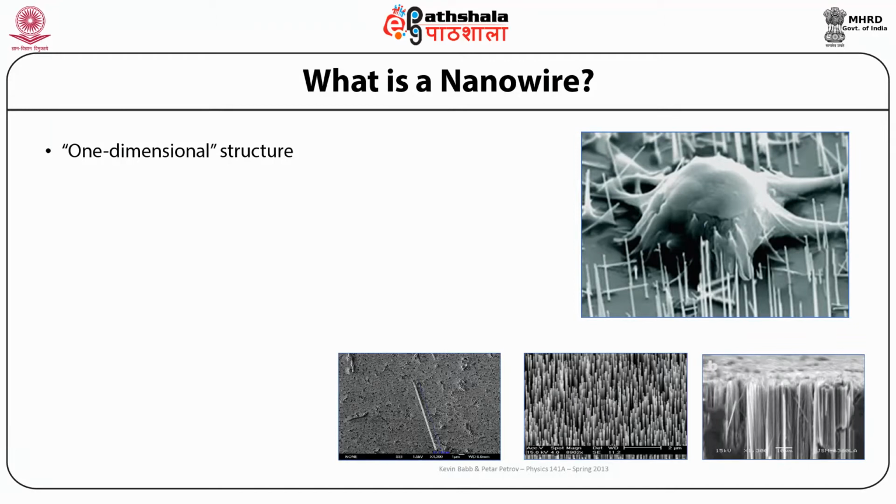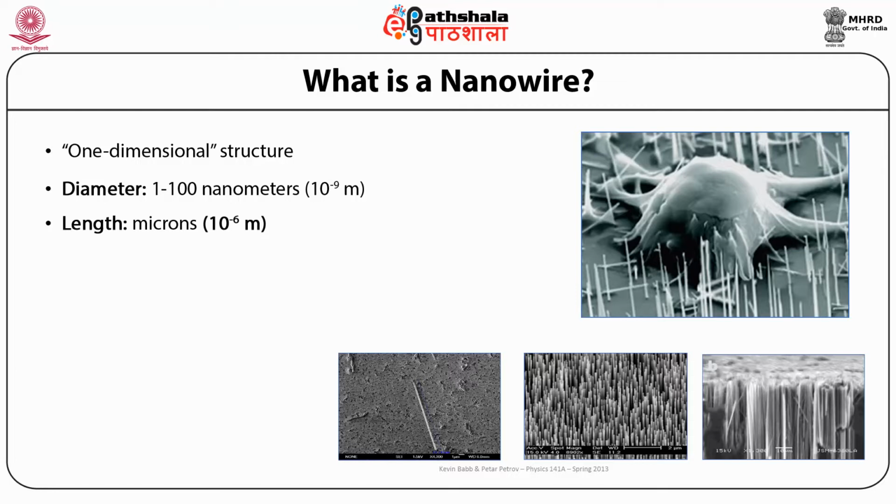What is a nanowire? So students, a nanowire is basically a structure whose diameter is of the order of nanometer, that is around 10 to the power minus 9 meters. Nanostructures whose length to width ratio is in excess of 1000.